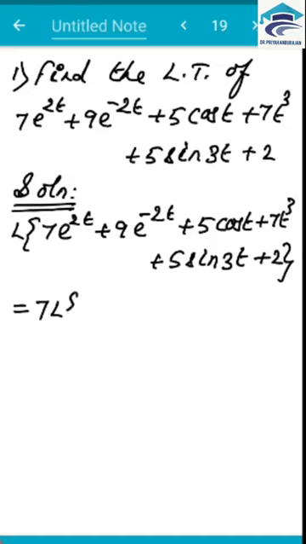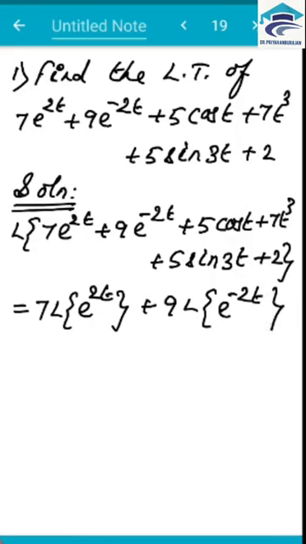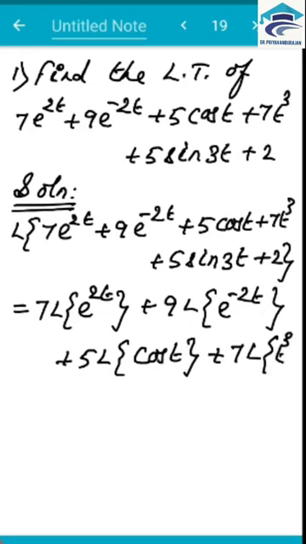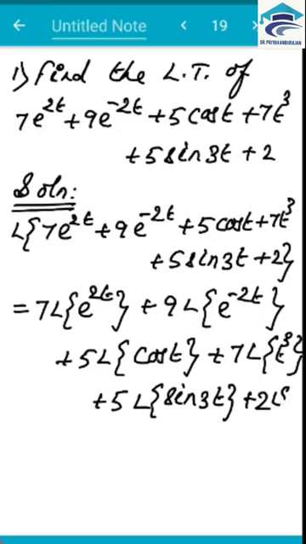So 7 into L of e power 2t plus 9 into L of e power minus 2t plus 5 into L of cos t plus 7 into L of t cube plus 5 into L of sin 3t plus 2 into L of 1. If it is a constant you have to write it like this, 2 into L of 1.